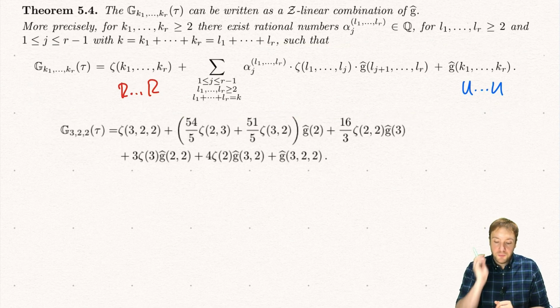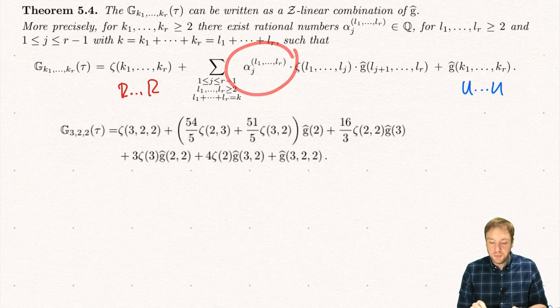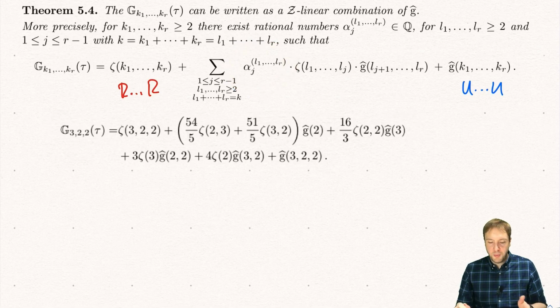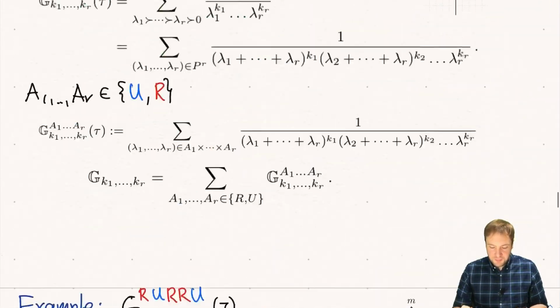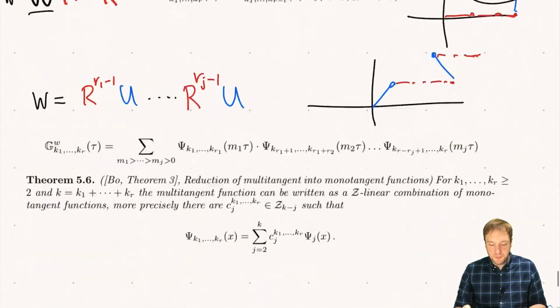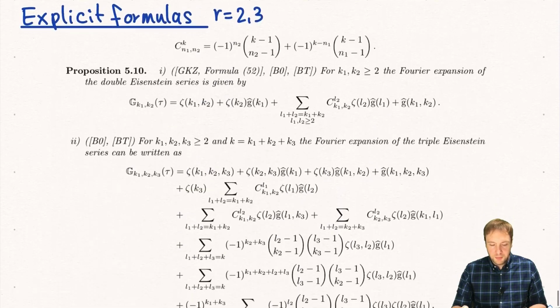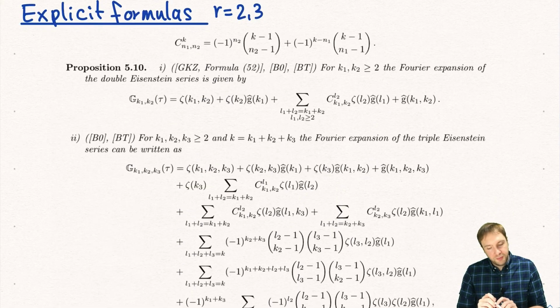And since these coefficients, these cj's in the reduction theorem, are quite explicit, one can also give explicit formulas for these alpha j's, but they are quite messy. So here in the end I give an example in depth 2 and depth 3. For example, in depth 2 it's not so messy yet.